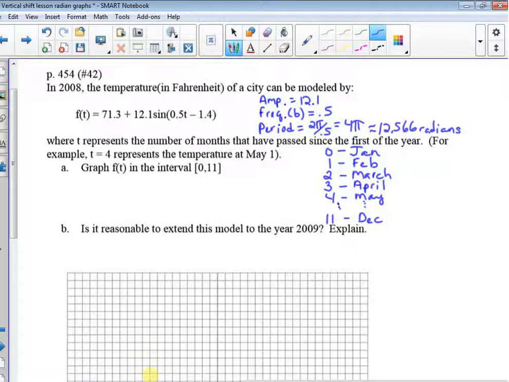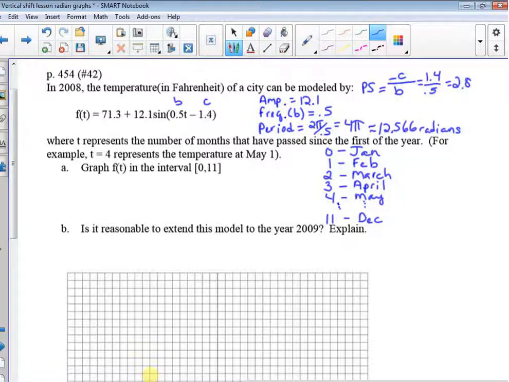Okay. My phase shift, PS, remember that's that left and right movement, needs to be negative C divided by B. Okay, so this is your C and this is your B. So that's going to be 1.4 divided by 0.5, and what that gives you is 2.8.